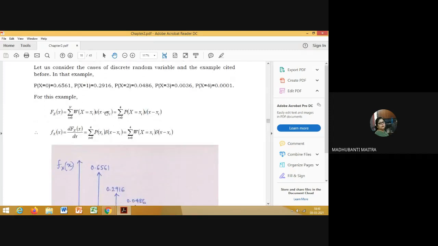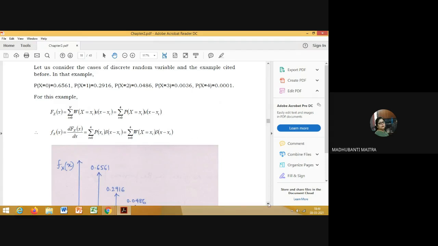So from this we can write down the density function. You see, if we take the first derivative of this with respect to x, then the density function will be equal to the summation of all these probabilities, that is, probability x is equal to xi. Remember, we are discussing discrete random variables, and this unit step will now change to delta, that means impulses at these discrete points.